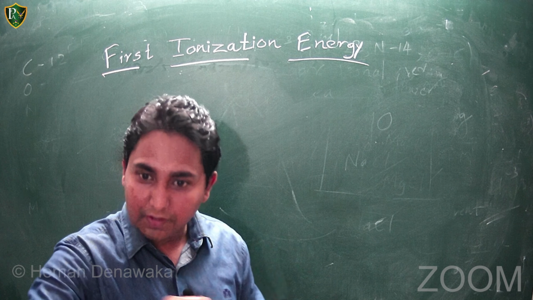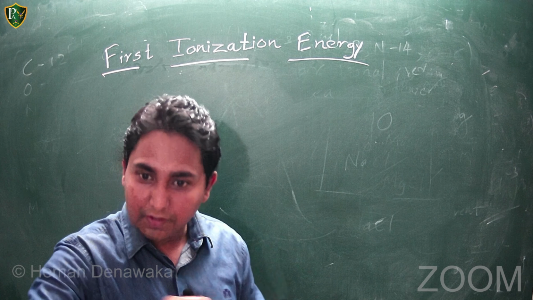The first ionization energy is about a minimum energy. It is the minimum energy which is required to remove one electron out from an atom. Since we are talking about the first ionization energy, we are talking about the removal of one electron out from an atom of an element to form a unipositive ion in the gaseous state.